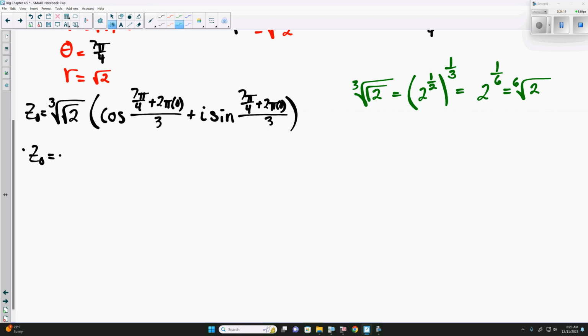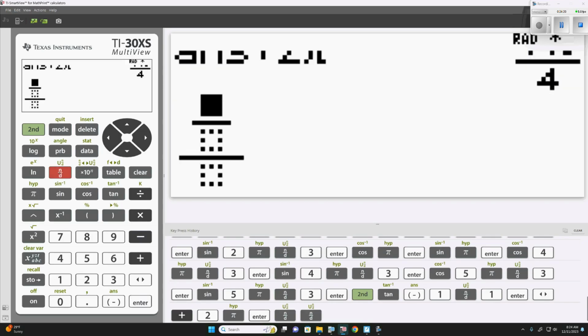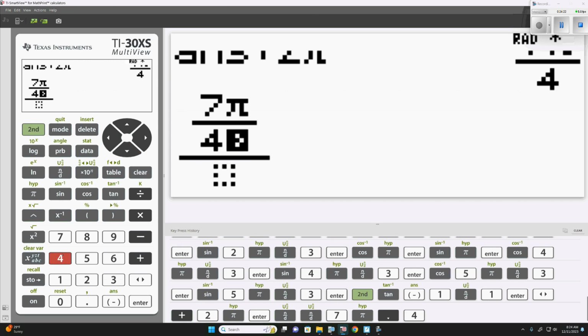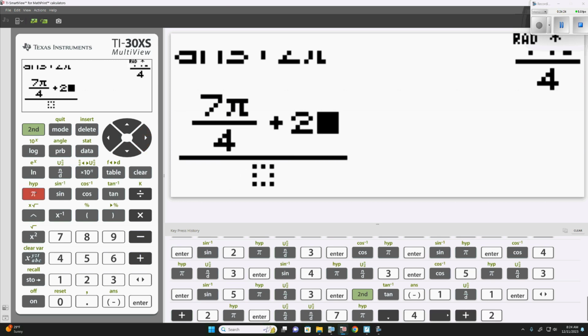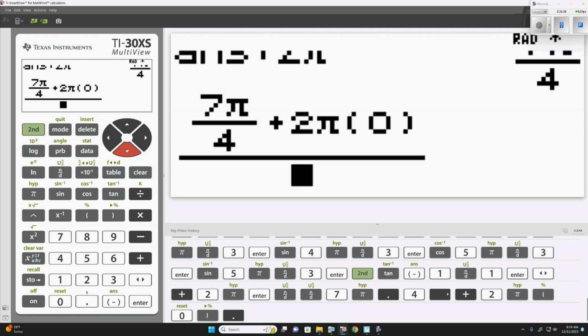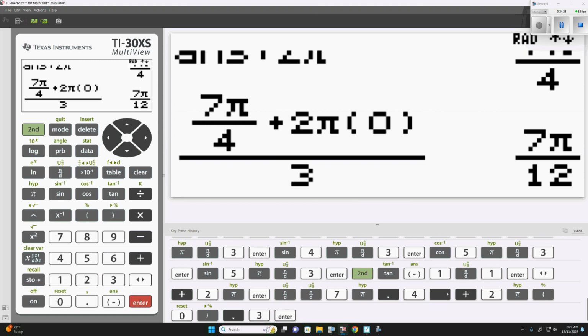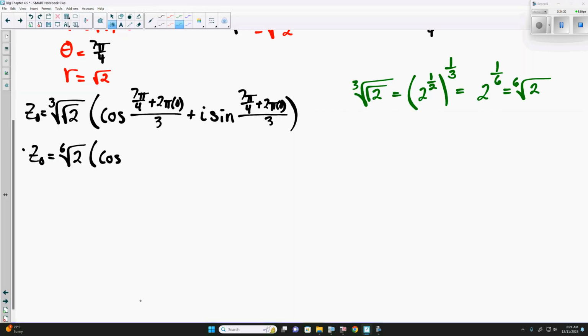So for z sub 0, we have the 6th root of 2 times cosine of, we can type this second part into the calculator, 7 pi over 4 plus 2 pi times 0 over 3 is 7 pi over 12.